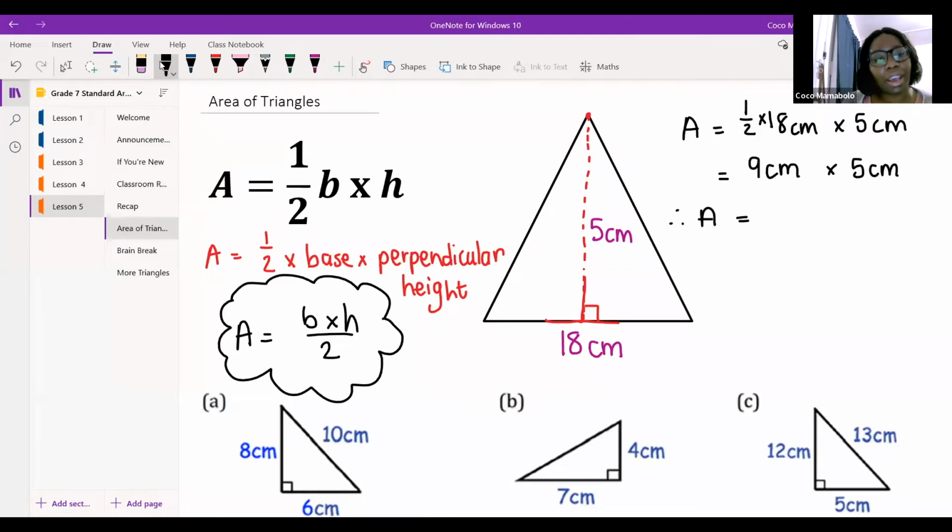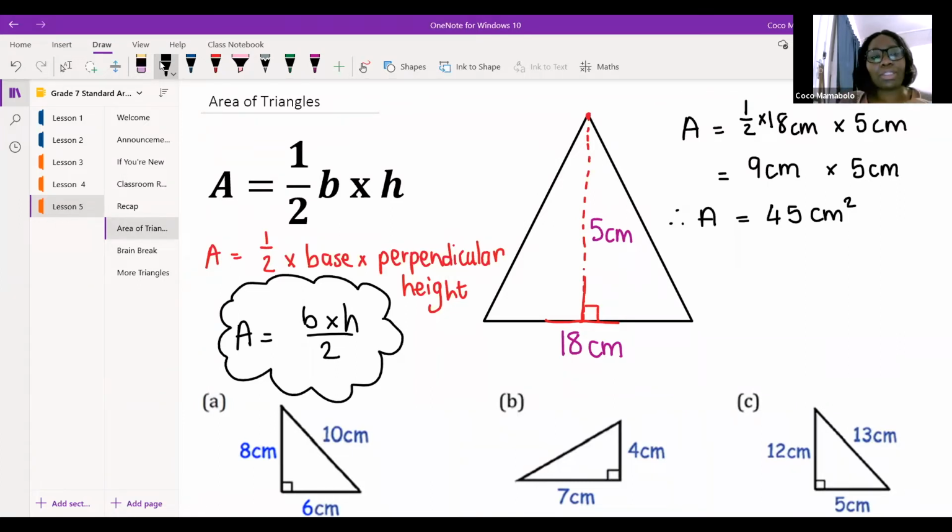So the area of my triangle will be, put it in the chat for me. Well done, Riley. Exactly, 45 centimeters squared. Yonela, not just 45 centimeters, not just 45 centimeters squared. Guys, if you don't know where to find the squared button, just type out the word squared, because that squared is so important.